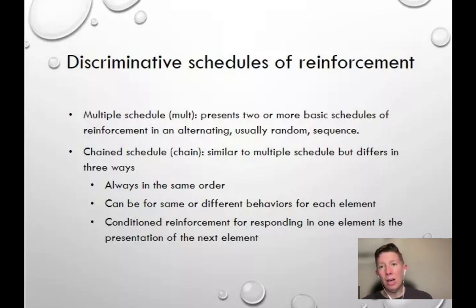And when I think of mixed, I imagine it's just like with multiple where we have all these tiny bowls, but in mixed, we just dumped everything all together. So it's still that same breakdown of what the schedule type is, but now I can't tell which one's in effect. And if I can't tell, then there's no SD present, and that's mixed.